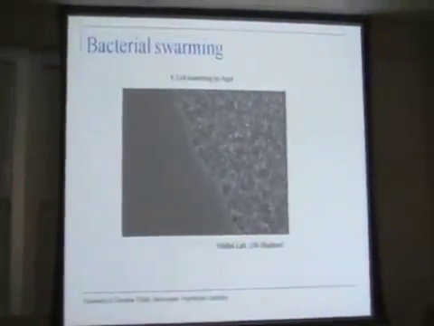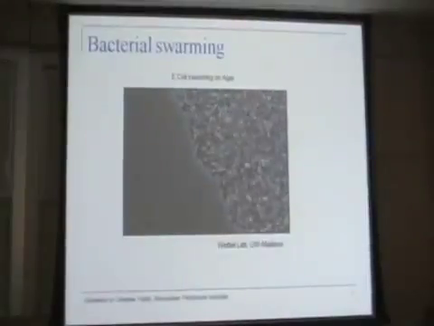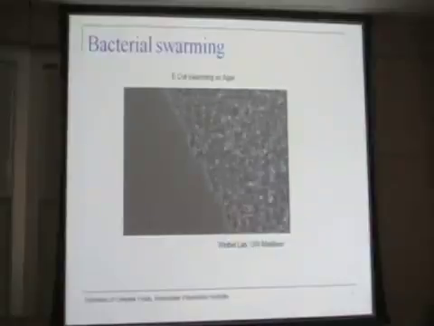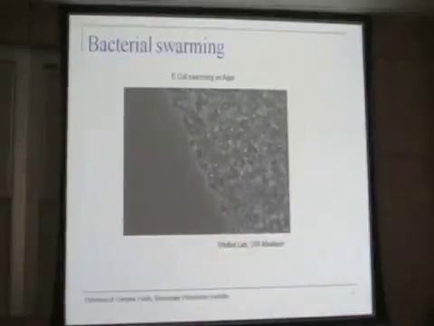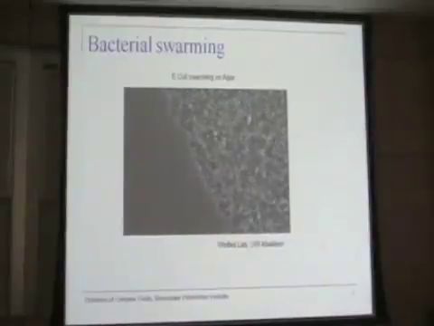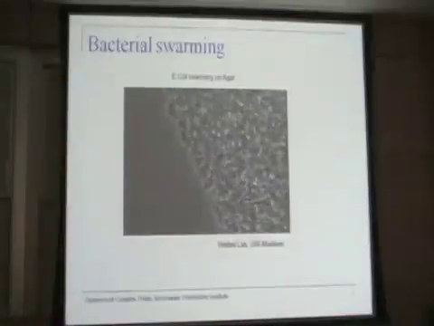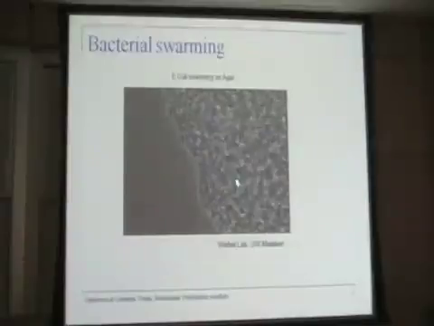And when they grow, instead of dividing, they don't divide anymore. They just keep getting bigger. And they have more and more flagella. And then once they are in that state, which is called a swarming state, you see these patterns.